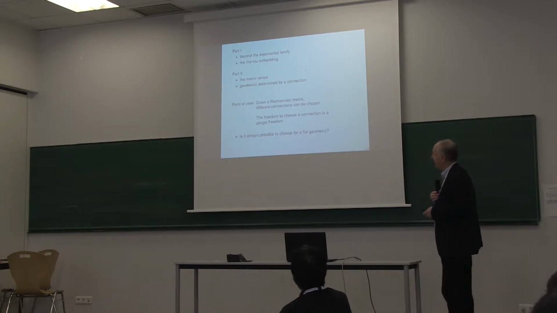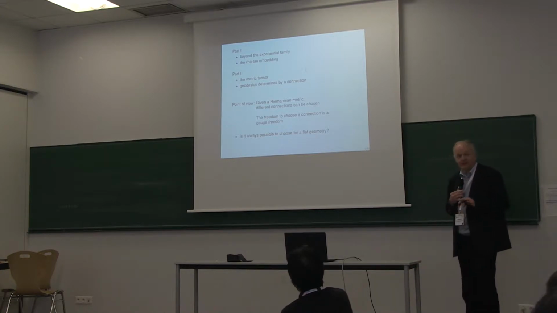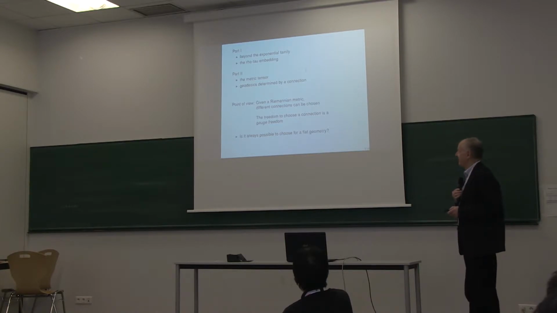And the point of view that we take is that if a metric is given, only one function has been determined, and in the rho tau formalism there is still some freedom left, which you can make use of to change the geometry of your manifold without changing the metric tensor. And that's what we call a gauge freedom. You are free to choose, under certain limitations, a connection without changing that metric tensor.